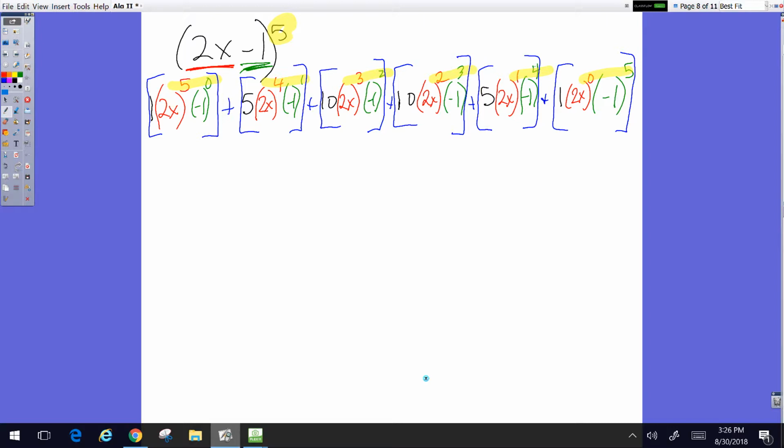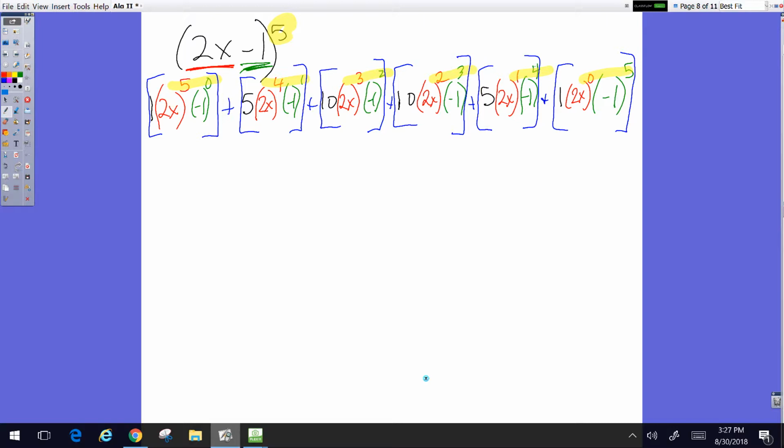Is it okay? There's so much going on here. Yeah, I'll give you all the way across the page. Is that a 1 in front of the 2 in the first bracket? Right, right here and right there are both ones. Yes. We always start and end with a 1. How do you know to use the 1, 5, 10, 10, 5, 1?